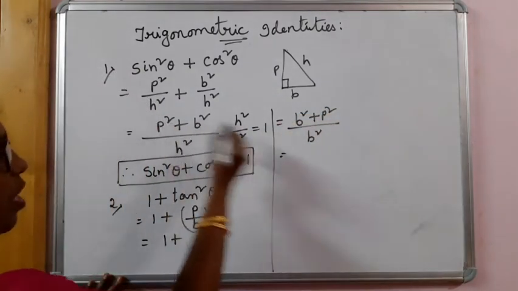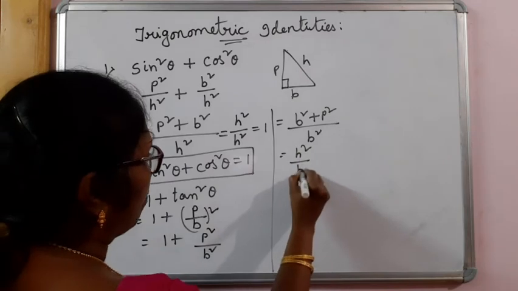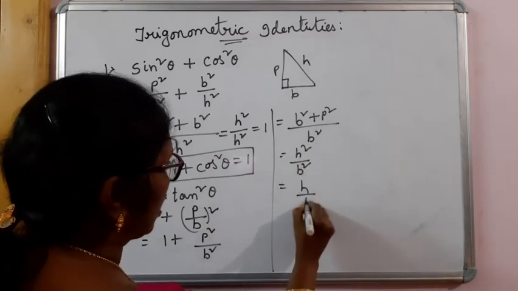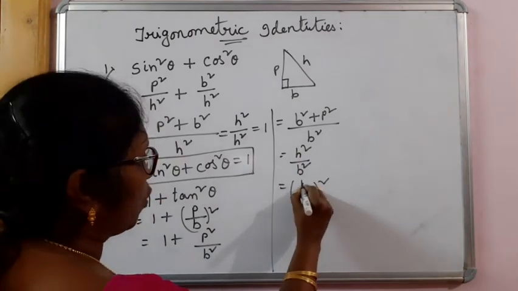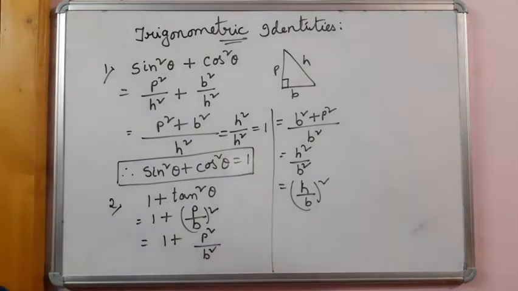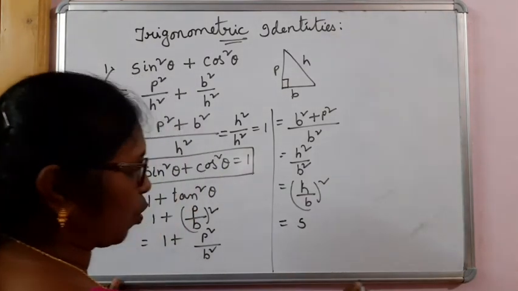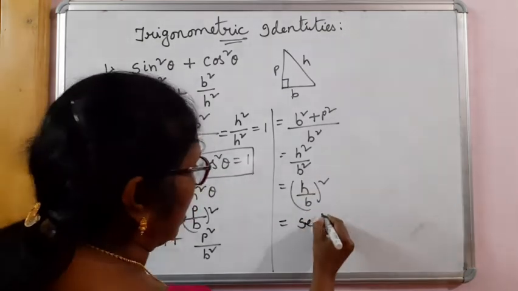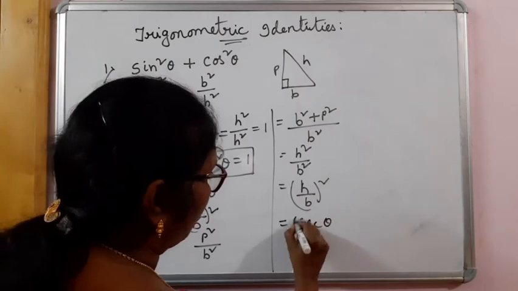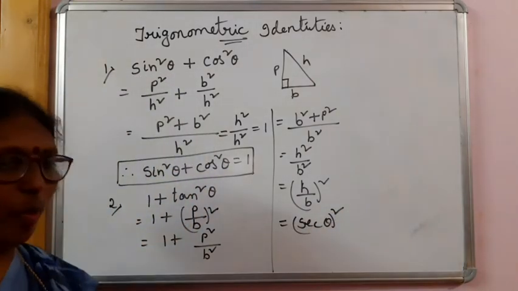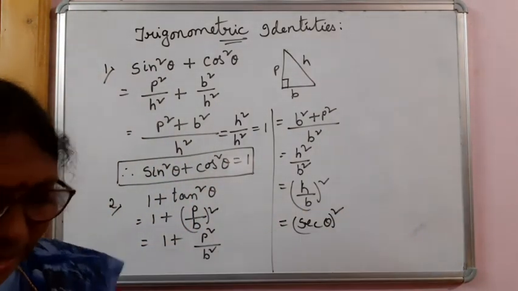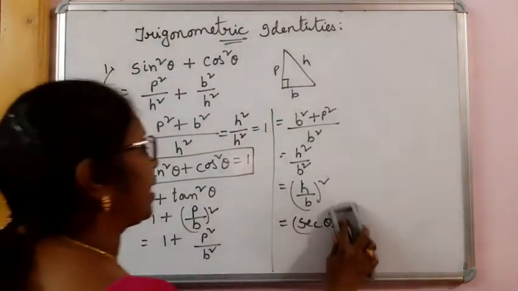You know that p square plus b square is h square, so this is h square by b square, that means h by b whole square. We know that hypotenuse by base is sec theta, since b by h is cos and h by b is sec. So it is sec theta whole square.